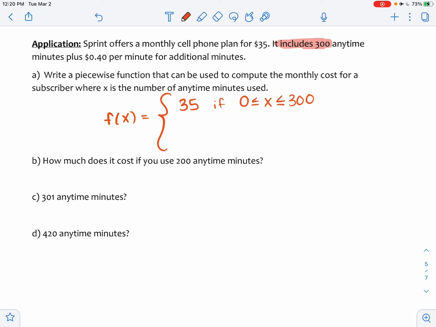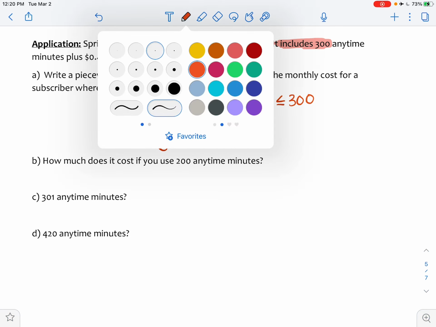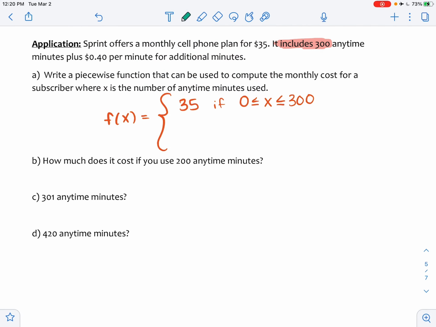Now, as soon as I go over 300, that's where I have to start paying more money. What would be the function for if you went over 300 minutes? So let's think about it for a second. I would want to multiply 0.4, the 40 cents per minute, for every additional minute. So not all minutes, but only those additional past 300. So think about it.